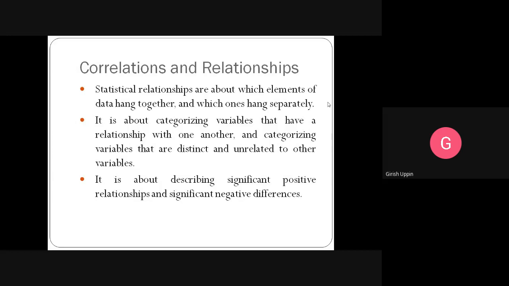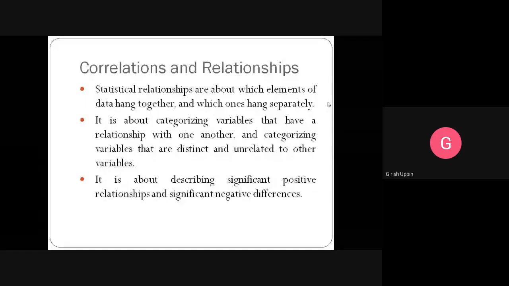That is the reason we want distinct and unrelated variables: that will increase the predictive power of our regression model.